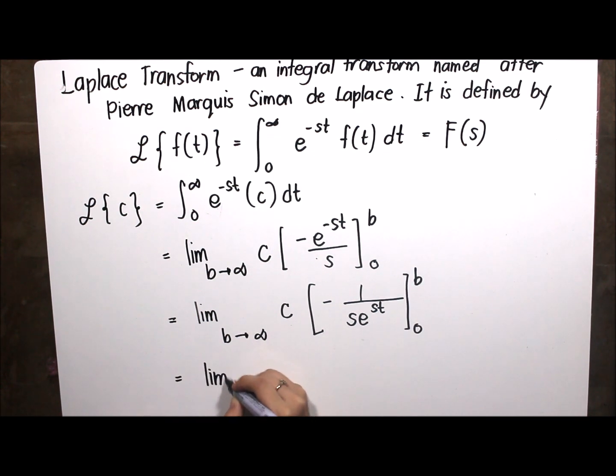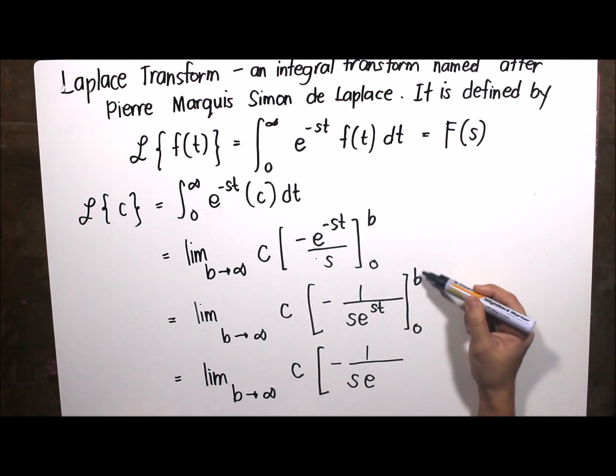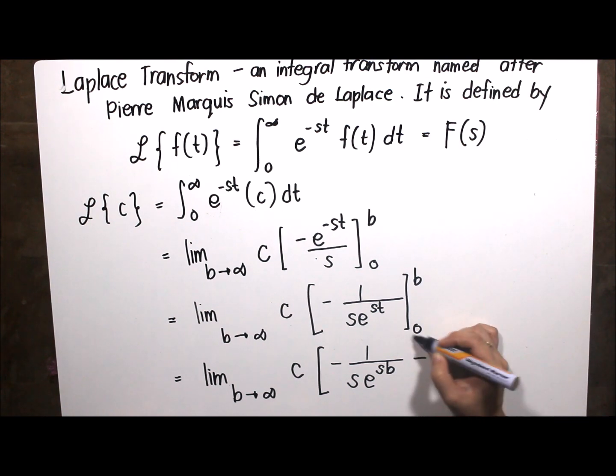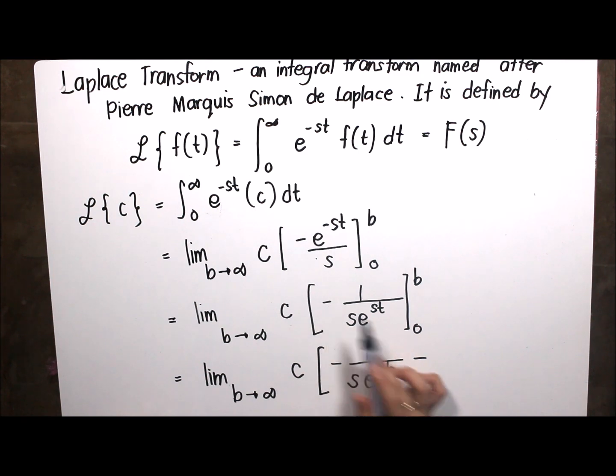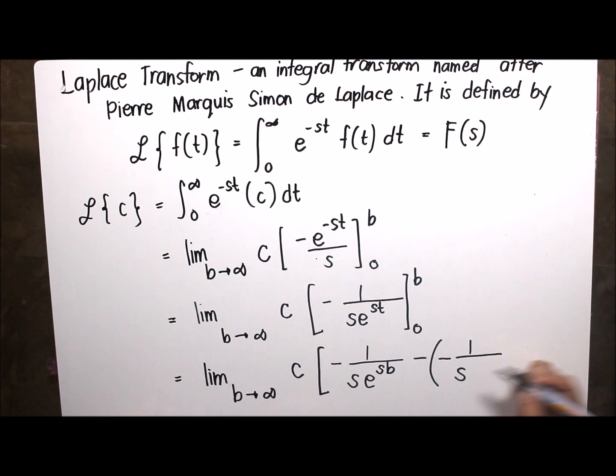So this will further become the limit as b approaches infinity of our constant value c multiplied to negative 1 over s e raised to, applying the upper limit in place of time, s times b, minus the lower limit, negative 1 over s e raised to s times t, which is 0.